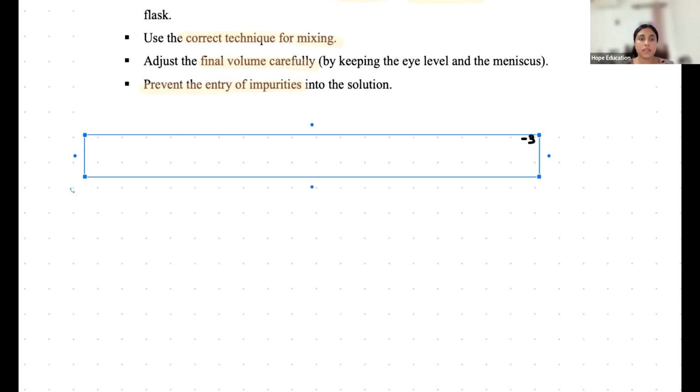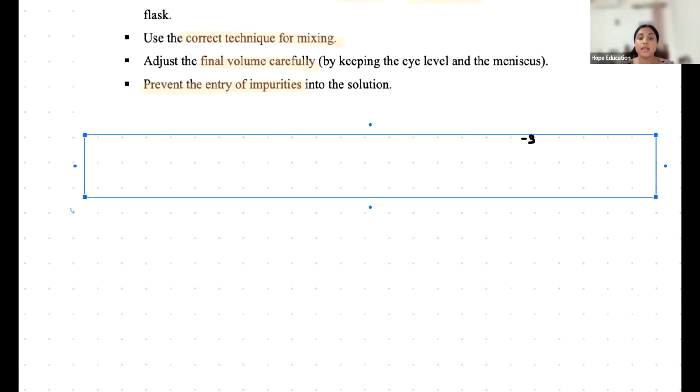If there's no space there, children, you can write this question in your notebook. However, after making the standard solution, the concentration of the standard solution was measured to be less than the actual concentration needed.